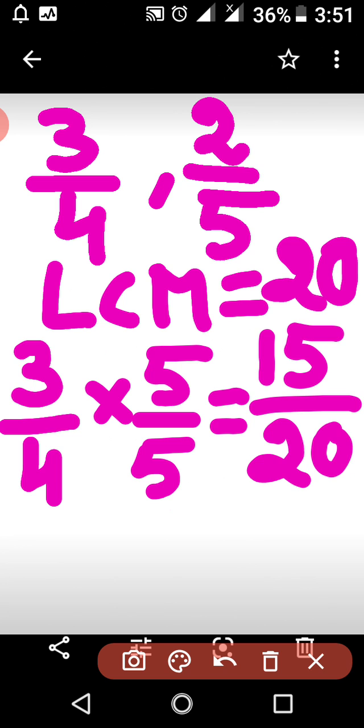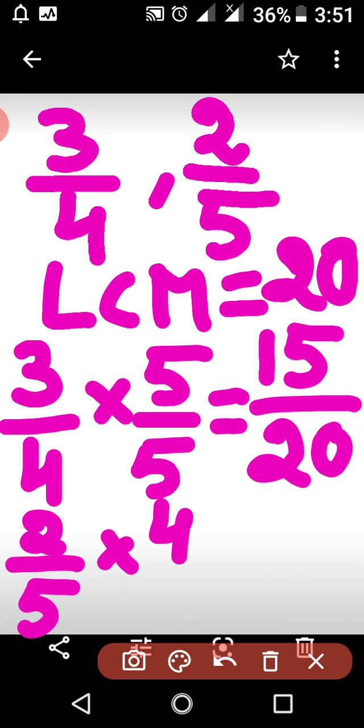Now take the second fraction 2/5. Here the denominator is 5. How does 5 become 20? By using multiplication, not addition, not subtraction and not division. So 5 4s are 20, as we know. Now I multiply both the numerator and denominator by 4.